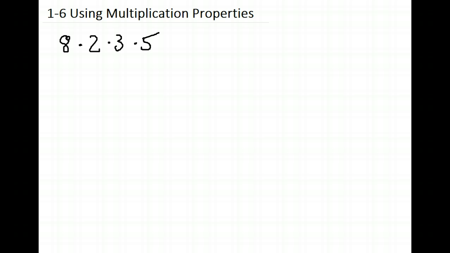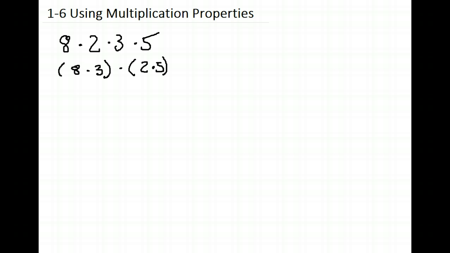We have a 2 times a 5 in there, so we'll put those together. So we're just going to play shuffle the cards and reorder this. And what it will look like is open parentheses 8 times 3 close parentheses times open parentheses 2 times 5 close parentheses. And this makes it a little bit easier to do mental math.